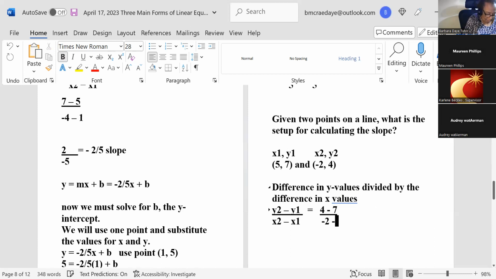There you go. You got it. Okay. Now, based on the labels, you got 4 minus 7 divided by -2 minus 5. Now, if you want to carry this out, what's 4 minus 7, Audrey?